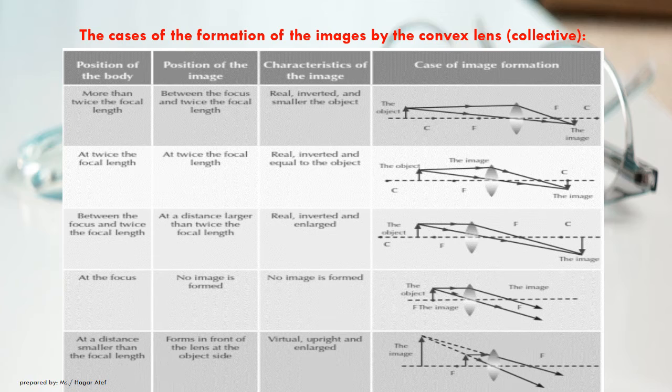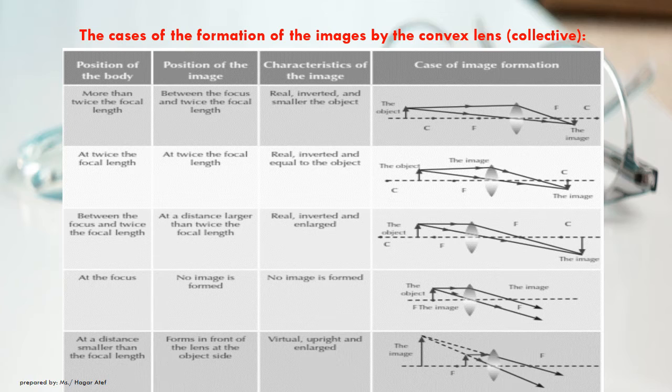Number 3, when the body is between the focus and twice the focal length, the image will be at a distance larger than twice the focal length, and the properties of the image will be real, inverted, and enlarged.